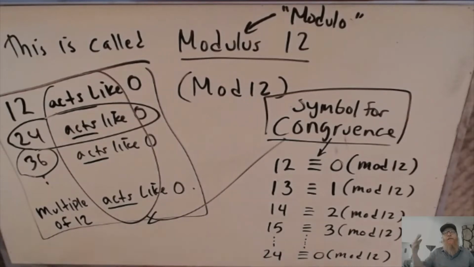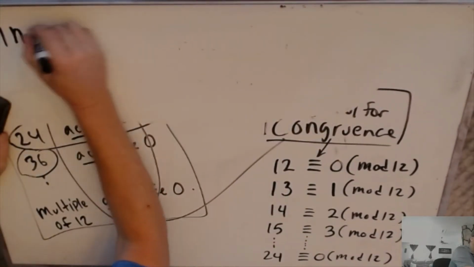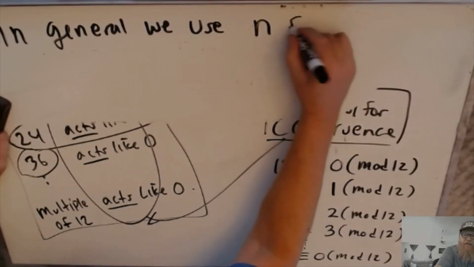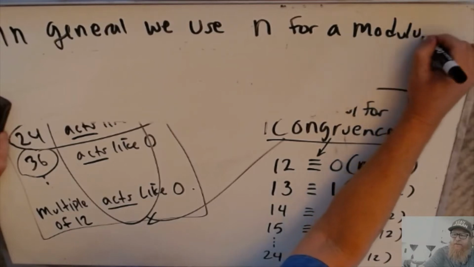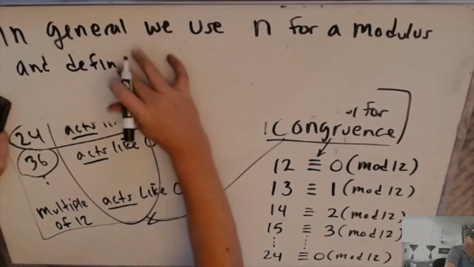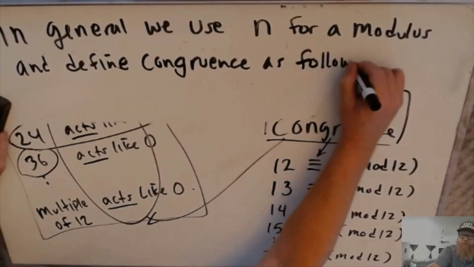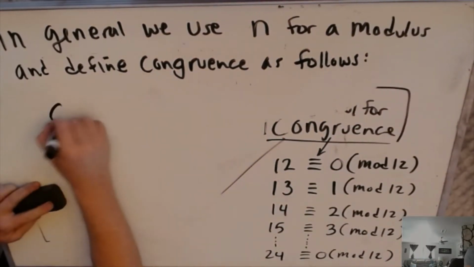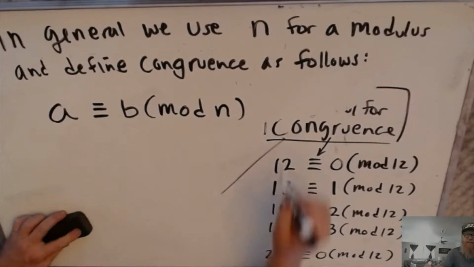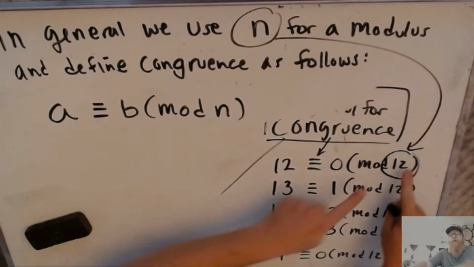Okay. So this is what we call congruence modulo 12. In general, we use n for a modulus and define congruence as follows. A is congruent to B mod n. So n is our modulus. In this example, our modulus was 12.